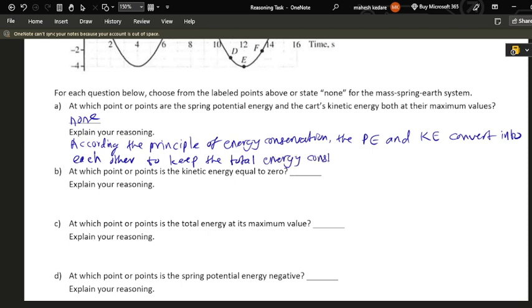And hence, the two cannot be both maximum or minimum at any point in the motion.